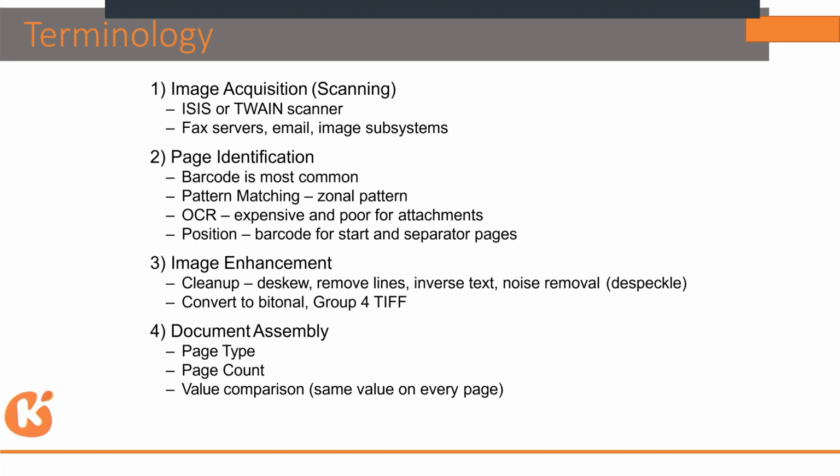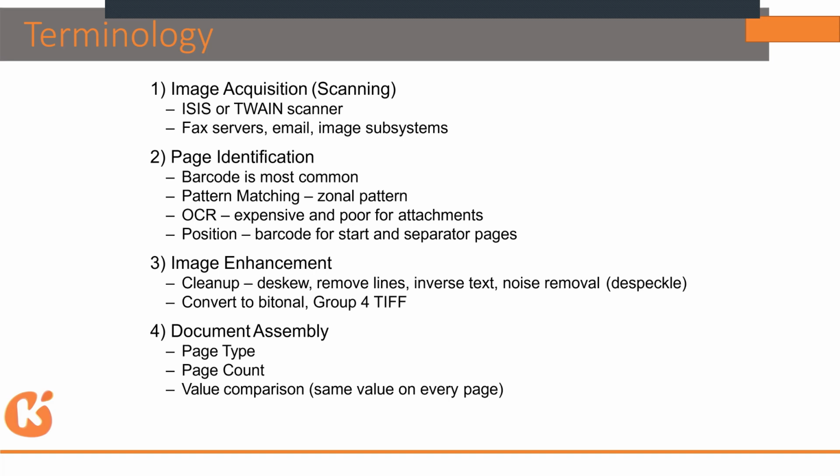For that identification, we use a number of techniques: barcode identification, pattern matching, and OCR engines to extract data from the document. Based on the data and also the position, we are able to identify the particular scanned document.